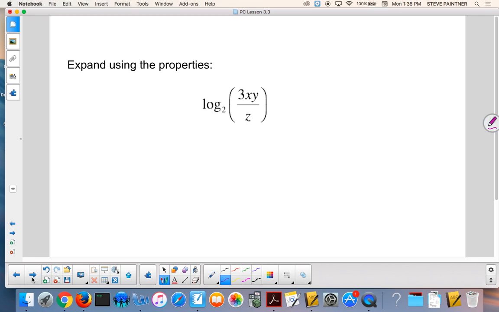Expand using the properties we just talked about. Here's a problem you'll get in your assignment today. Log of that. Take that and expand it, which means make it longer. The word expand just gives you multiple logs. Log plus log minus log, whatever.